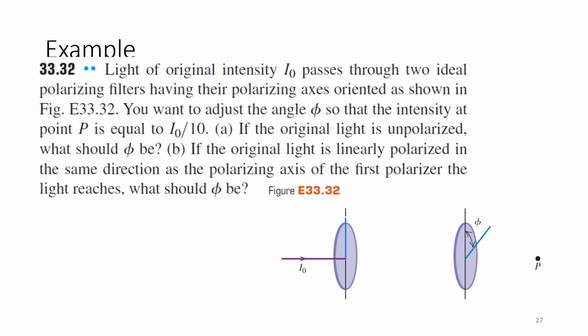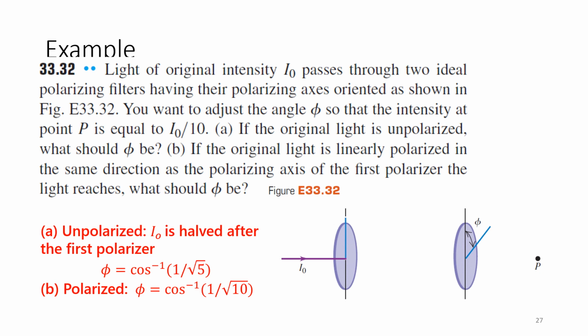To answer both questions, you only need to isolate phi from Malus' law. What we have to do is first get cosine squared phi equal to the ratio of I over I max.